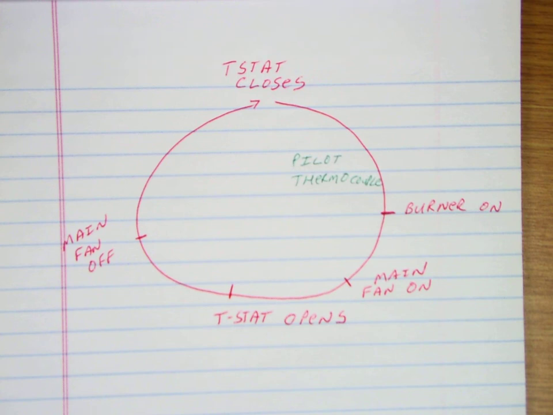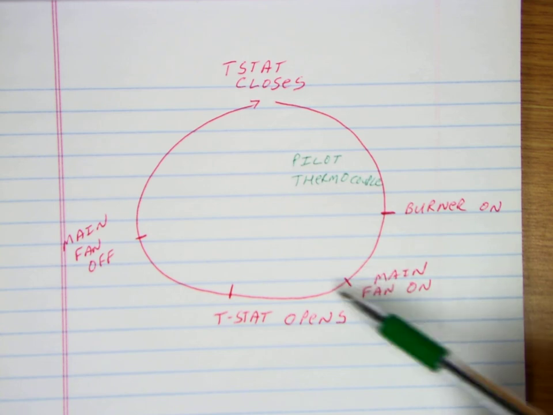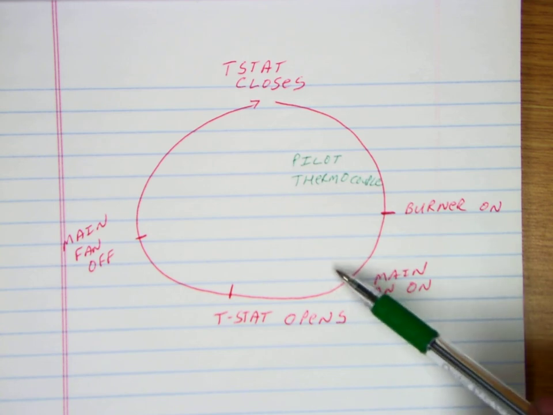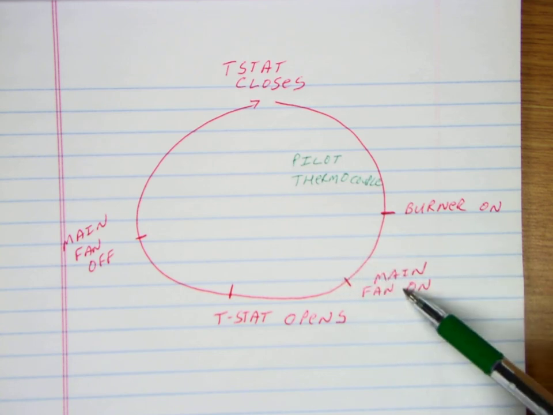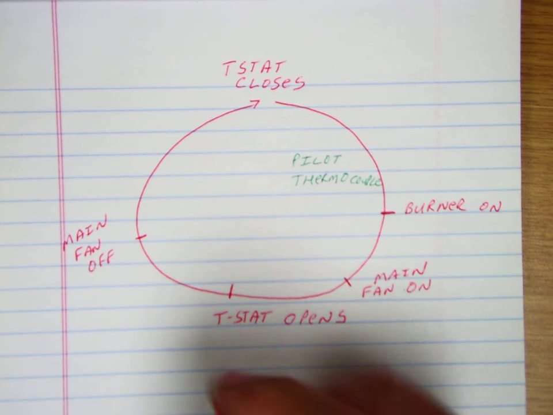But there really wasn't a lot of controls there. Once the burner heated the plenum, we had that bimetal strip which told us when the plenum got hot, which kicked the fan on. When the thermostat opened, that shut the burner off.